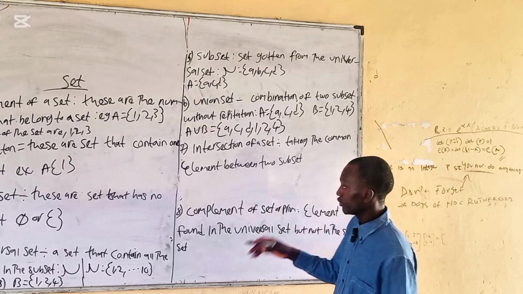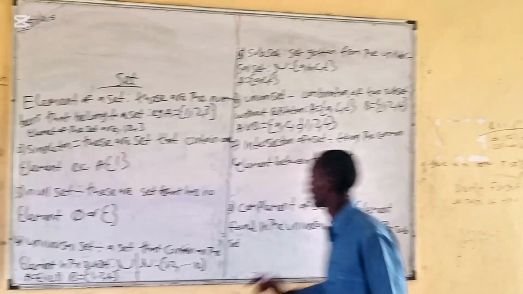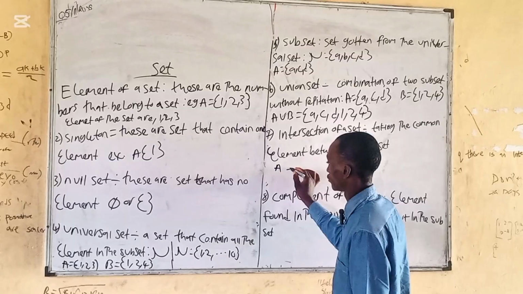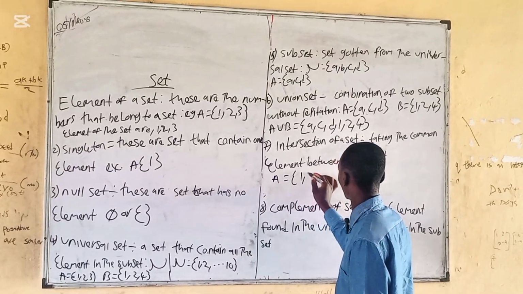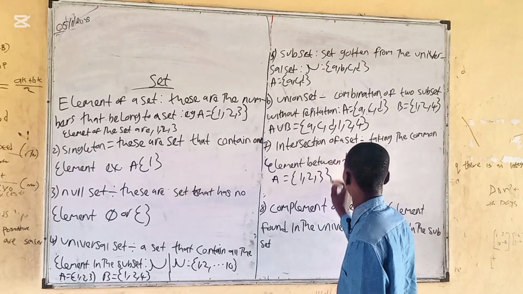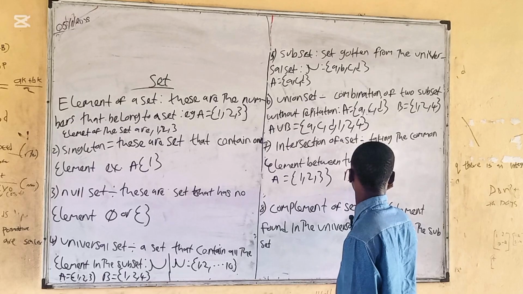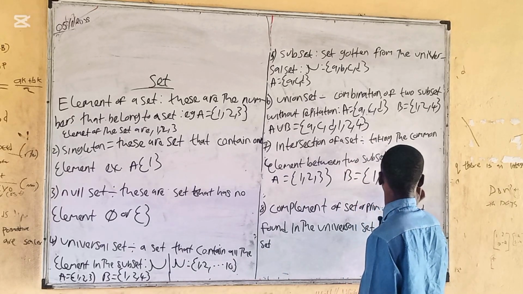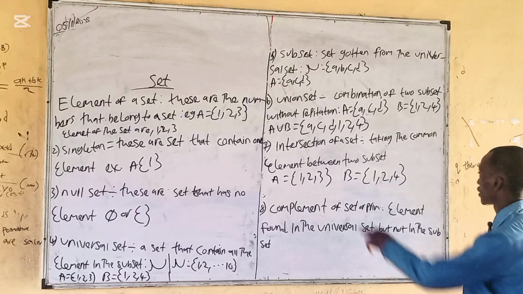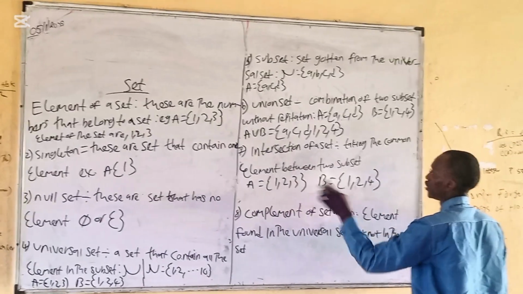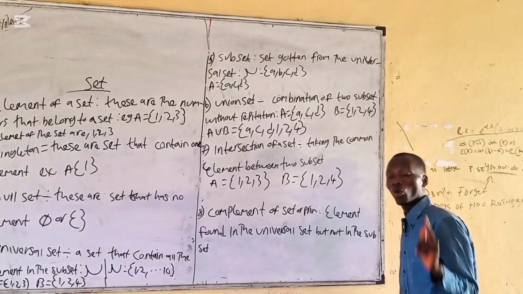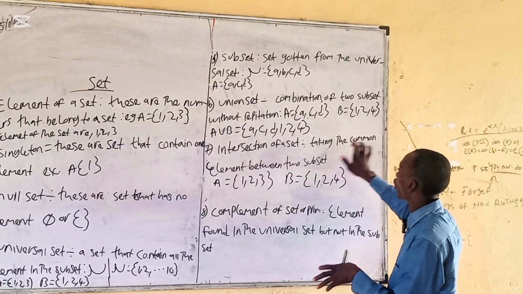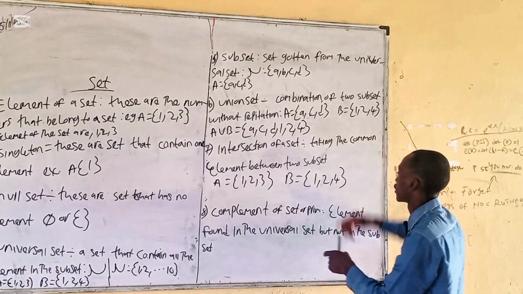Now, let's use these two subsets here as an example. Let's take set A. 1, 2, 3 and 1, 2, 4. Now, intersection means we are taking the common elements between two subsets.